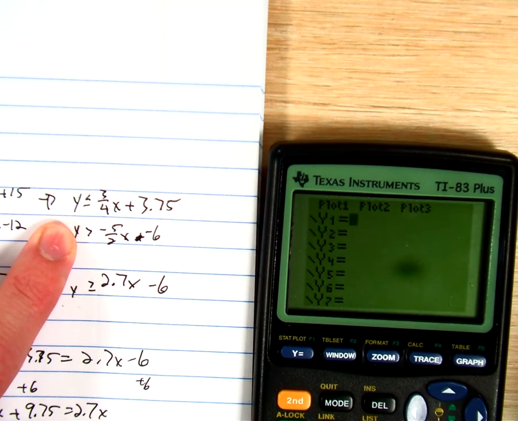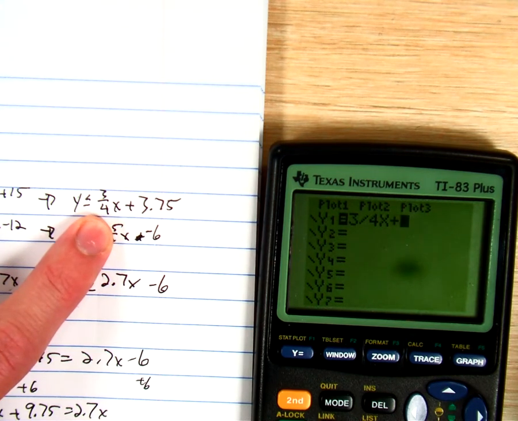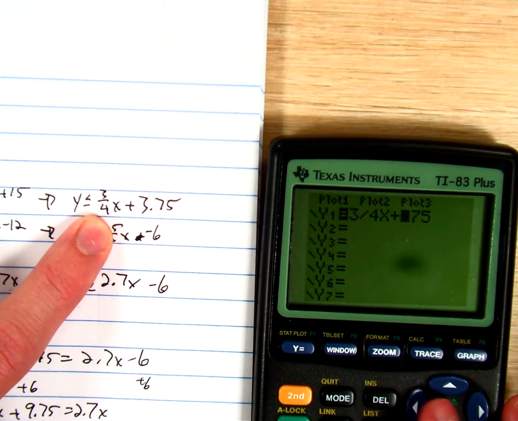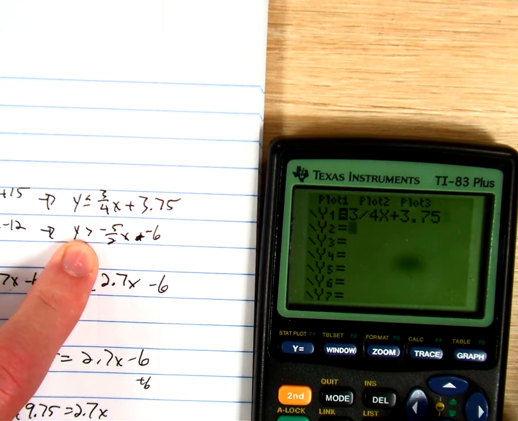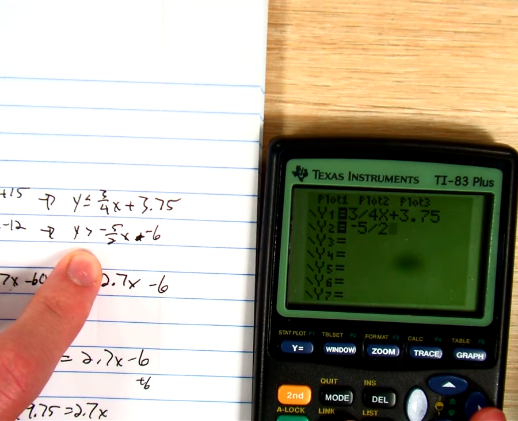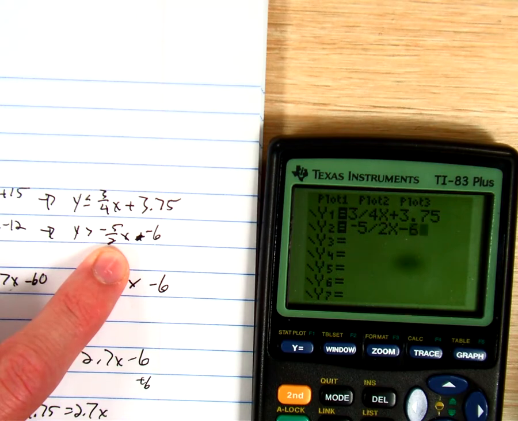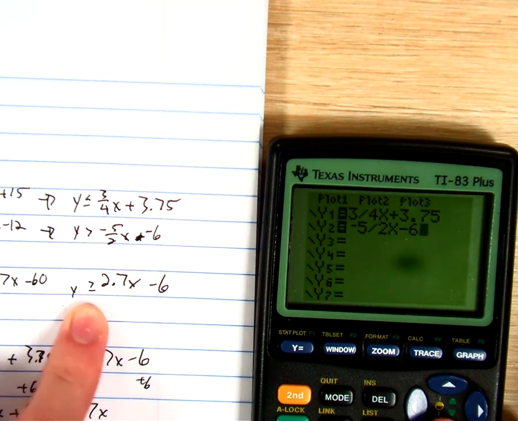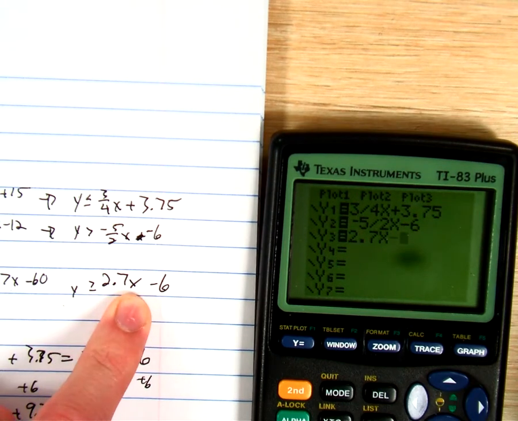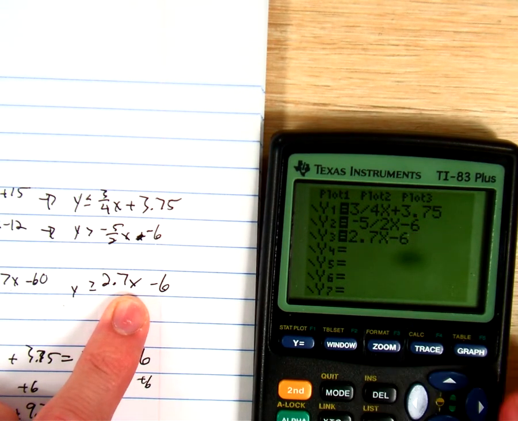Alright, let's see here. 3/4 x plus 3.75. Negative 5/2 x minus 6. And we went with just 2.7x minus 6. Okay, we can push a graph.